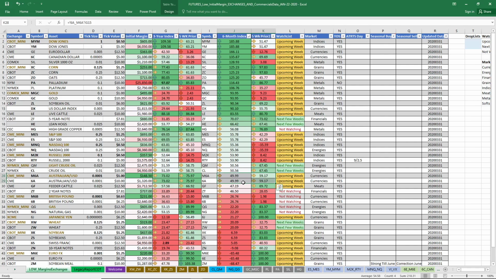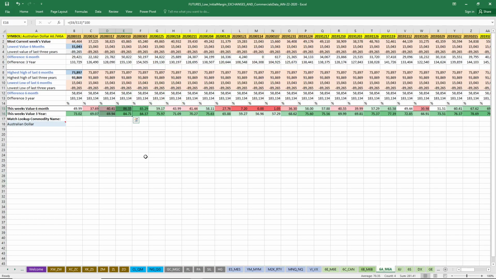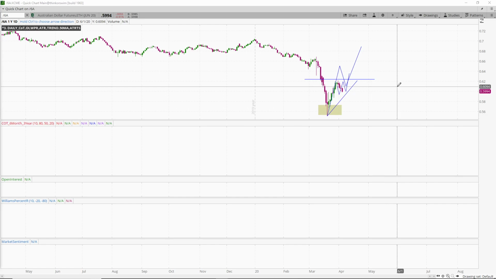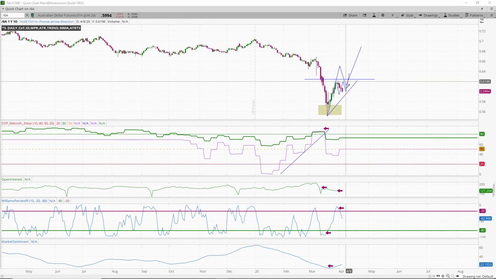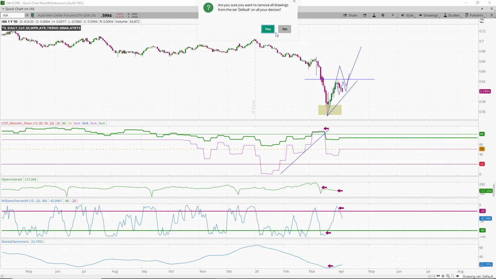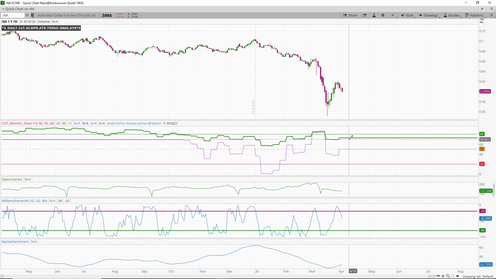Australian dollar doesn't look like it's looking that great. Not as bullish as it was about 5 weeks ago. We did do this chart. Not a tremendous amount of retrace happening on the Australian dollar just yet, but where our columns are, they're kind of in this mid-range.